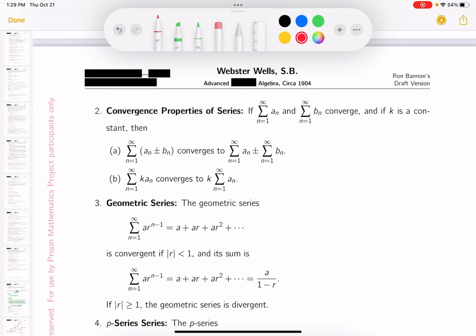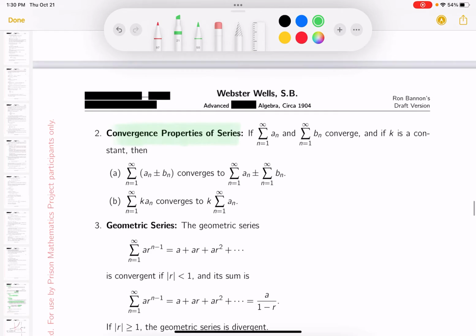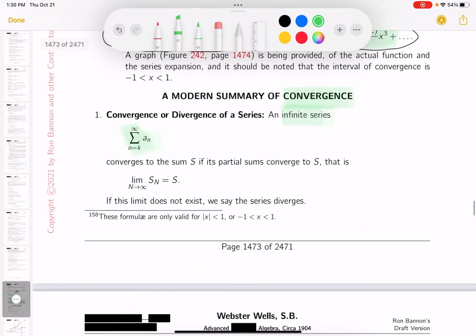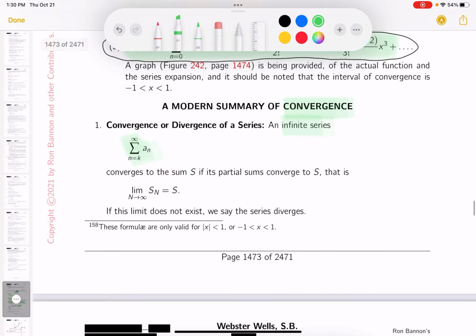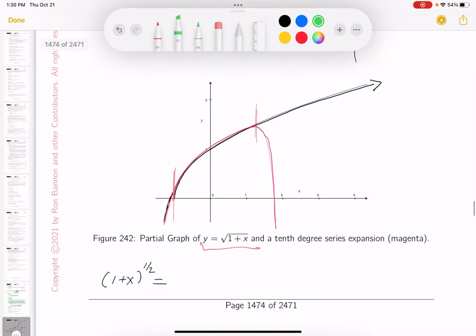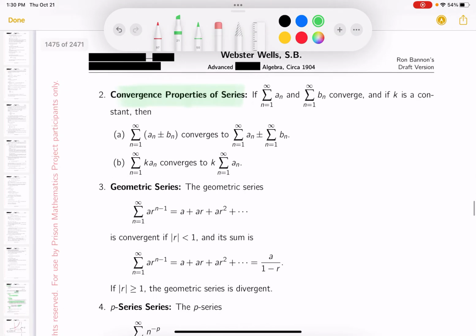And there's all kinds of tests that we use. Again, it's not easy. He does talk through this stuff, though. These are for positive term series, by the way. Infinite series. Again, positive term series.